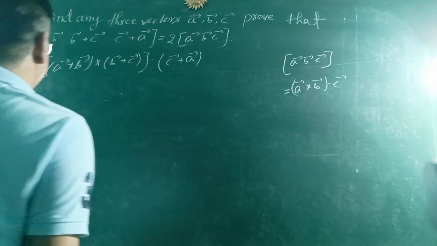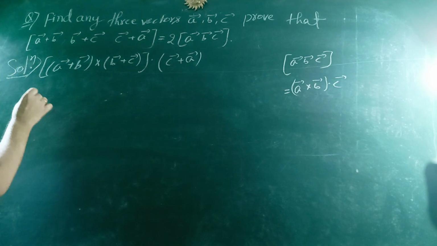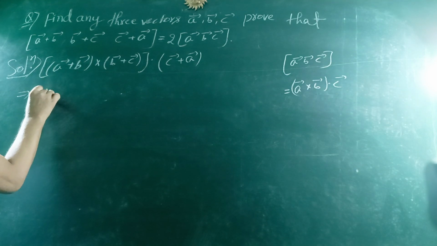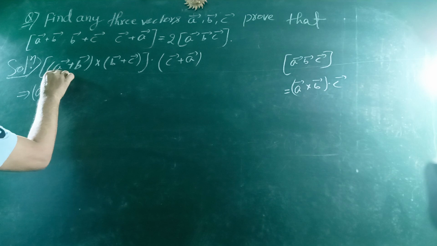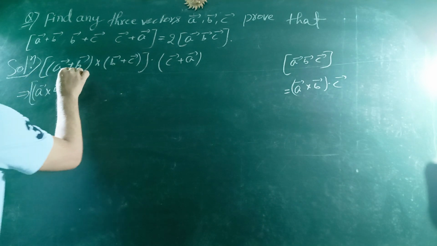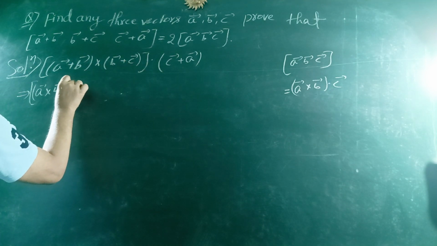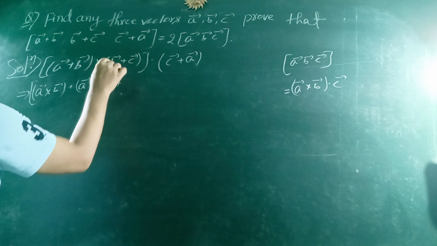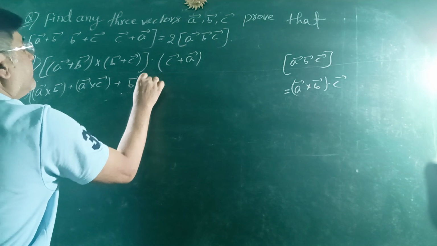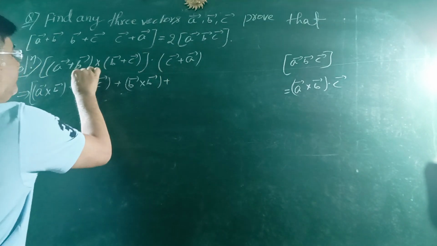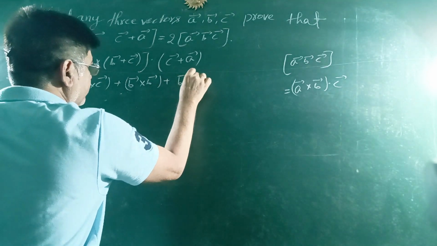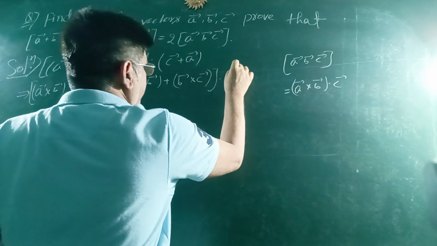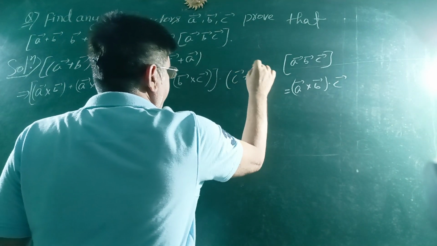So first of all, this term is written in the form of A multiple of A cross B, A cross B, and plus A cross C, plus B cross B, plus B cross C, and the dot product of C vector plus A vector.